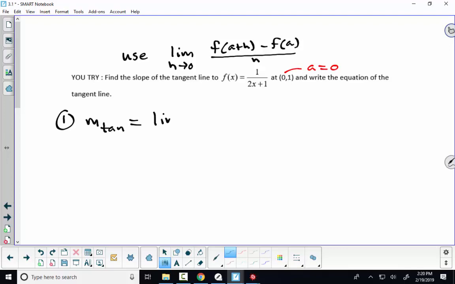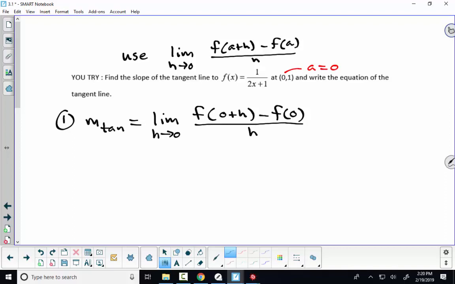we have to compute the limit as h approaches 0 of f of 0 plus h minus f of 0, all over h. Just fitting those components into the definition.